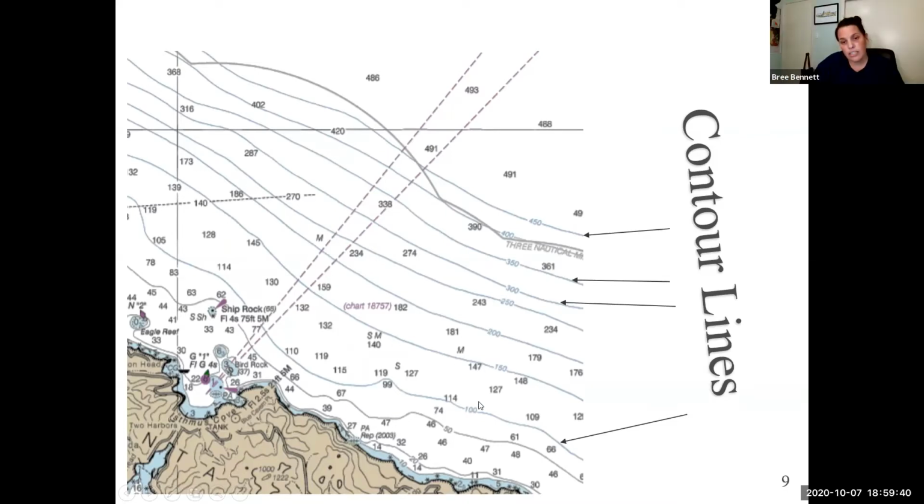So if you could see on here, this line is your 100 contour line. So it's 100 fathoms. So you kind of have a general idea. So you want to be watching to see when your fathometer or depth sounder, whatever you have, crosses 200.